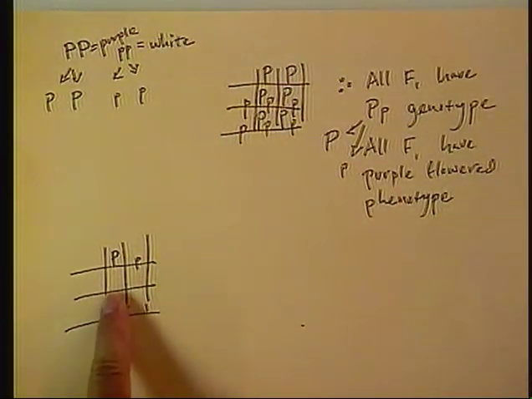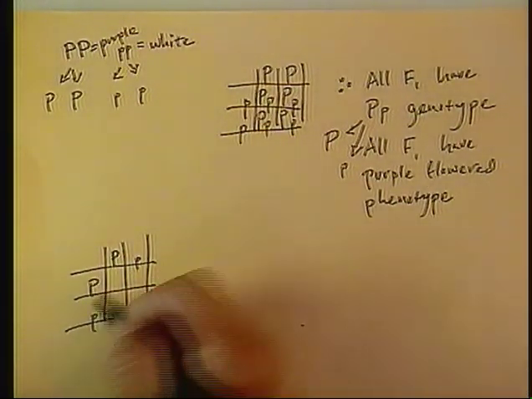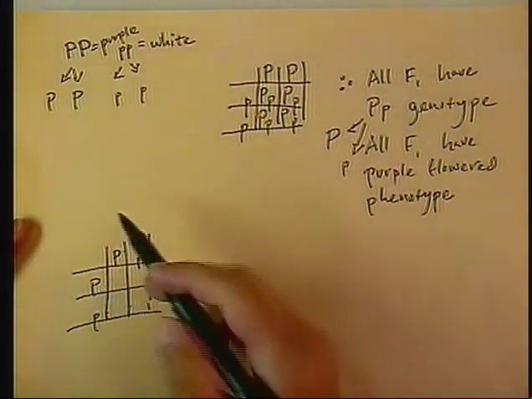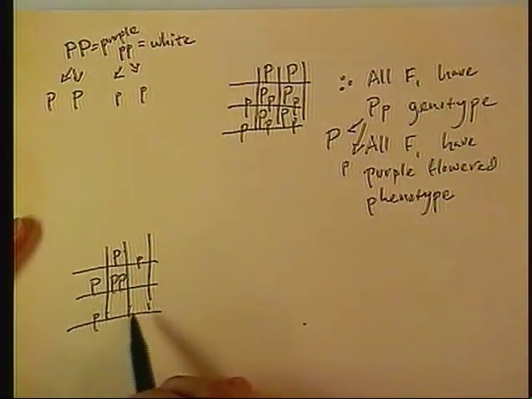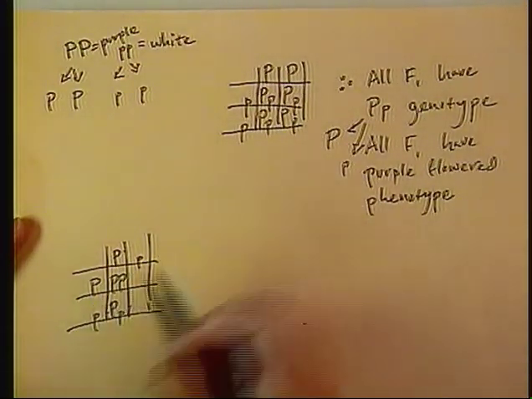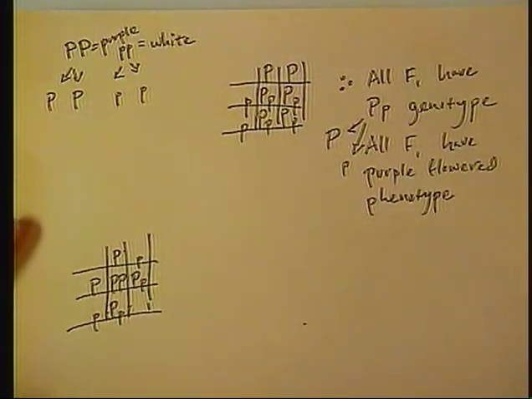Remember, each individual has two factors. Since this is a heterozygote, you'll have one and one, and the other one will be the same. Bring this down, bring this over to capital, bring this down, bring this over. By convention, you'll put the dominant trait first.